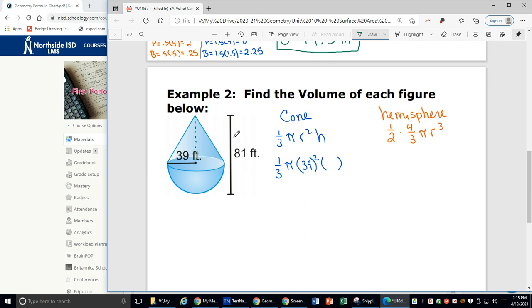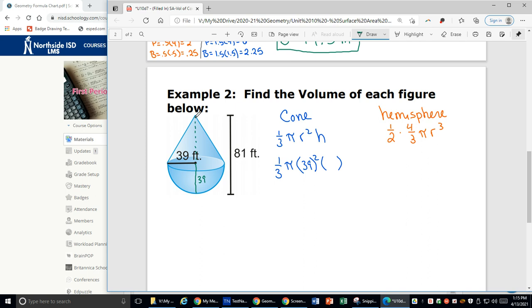Well, I can see the whole distance here is 81, and it might be kind of tempting to divide that in half, but I can't do that. When I look at the hemisphere, I know the whole hemisphere all the way around, every radius inside of it is going to be 39 feet, right? So if I were to extend my radius straight down vertically to the bottom, that would be 39 feet for the hemisphere portion of this figure.